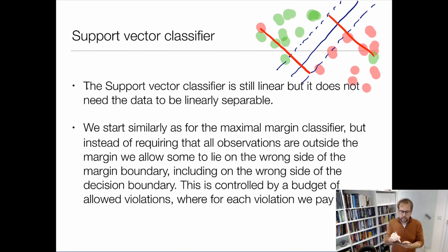The basic idea is that now I'm allowing those violations, but I'm controlling by how much I'm violating my condition. So this would be a violation of the constraint, being on the wrong side of the boundary. But let's just allow it, keep track of how much, and constrain this amount of violations.